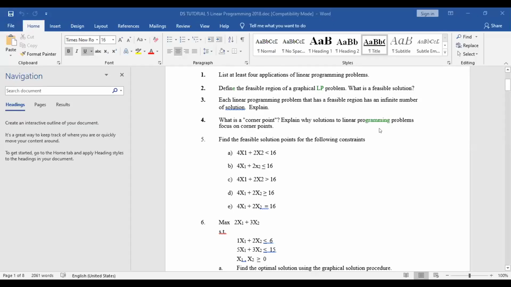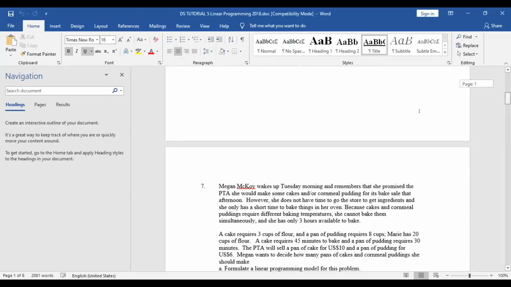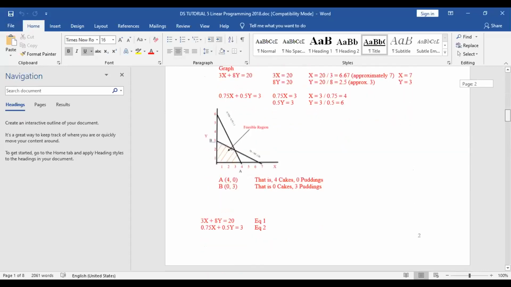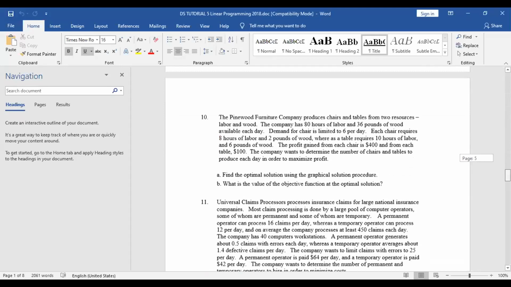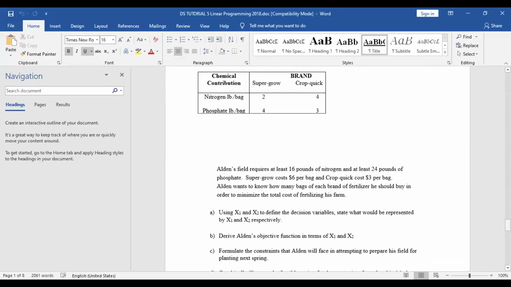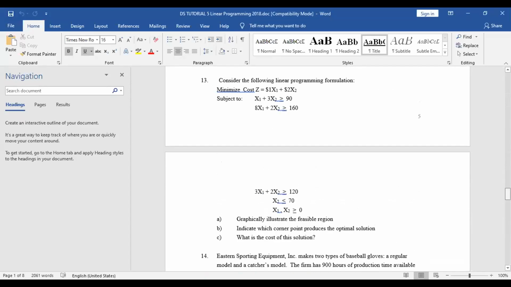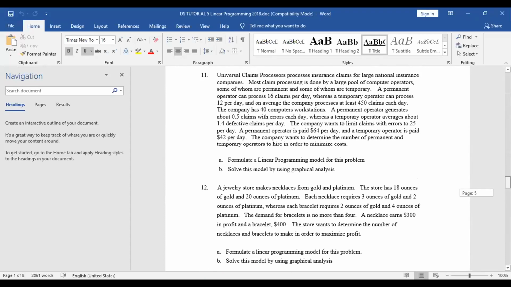Scroll down a little bit for me, Abigail. Down, down, down. Go back up a little bit, Abigail. All right. Let me see. Go back down to 13. Let me see 13.